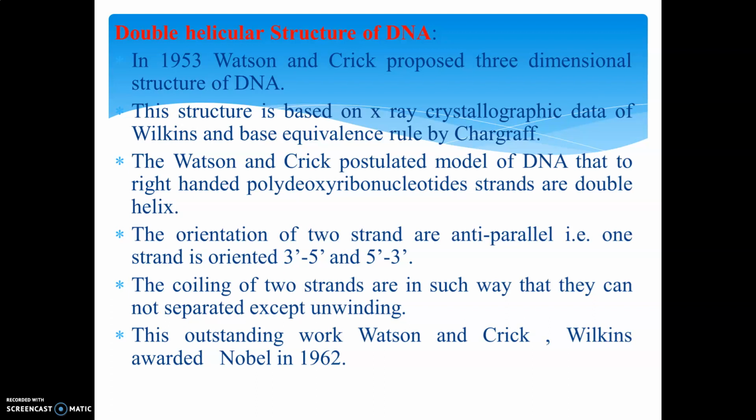The two strands are anti-parallel, that is, one strand is oriented 3' to 5' and the other 5' to 3'. The coiling of the two strands is such that they cannot be separated except by unwinding. This outstanding work of Watson, Crick and Wilkins was awarded the Nobel Prize in 1962.